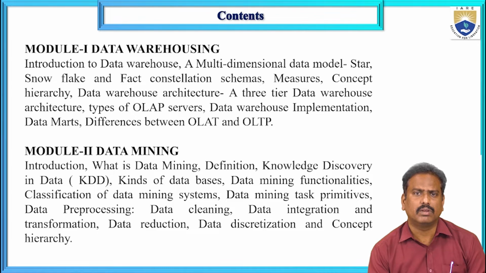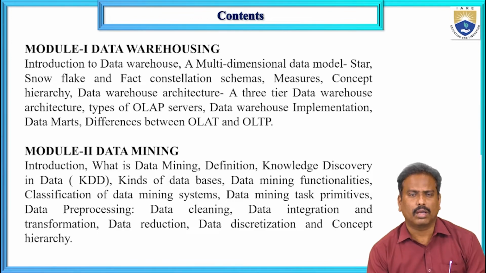A data warehouse is where we store a huge amount of data from different sources, but if you are considering only one particular subject, we call it a data mart. And finally, we conclude with the differences between OLAP and OLTP: online analytical processing and online transaction processing.